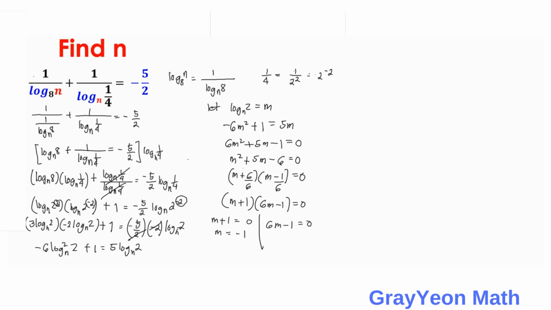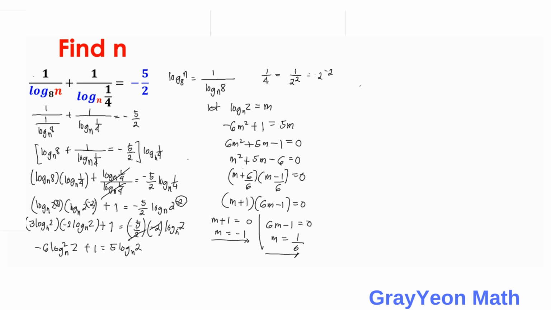And m is equal to 1 over 6. So we know that m is equal to negative 1, and m is 1 over 6.